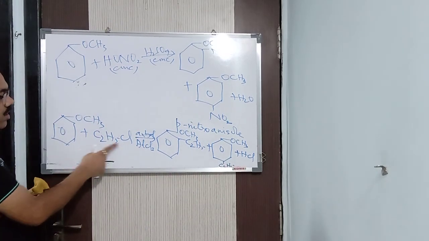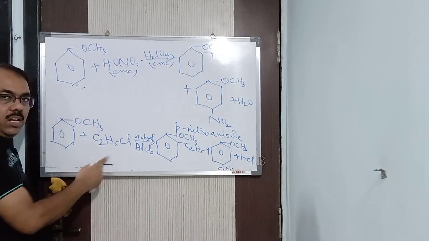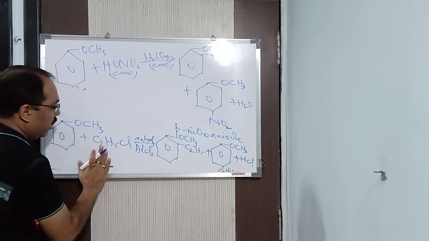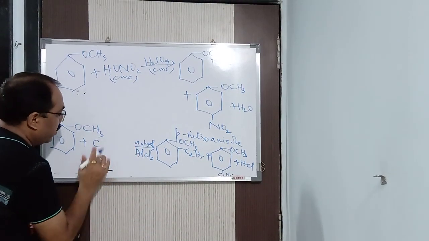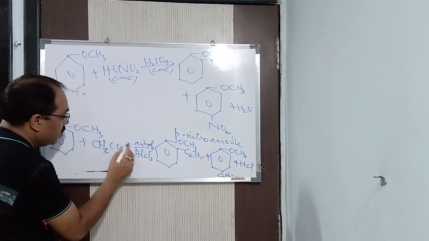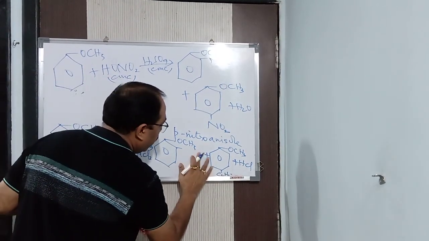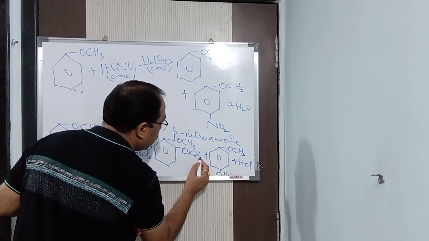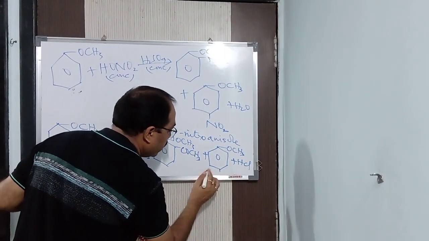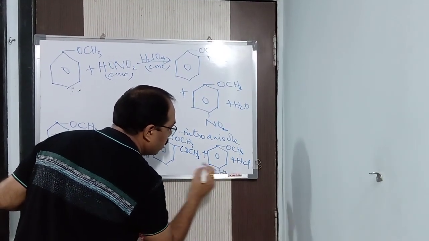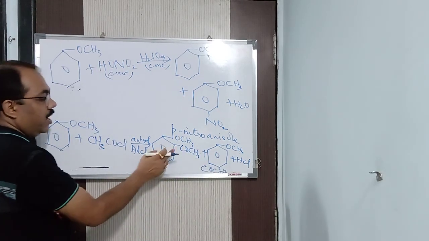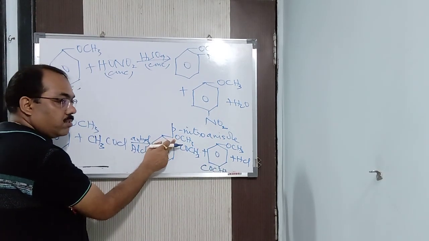Similarly, instead of C2H5Cl, if you take CH3COCl, just here only I am changing it, mind it, CH3COCl. So what I am going to get is COCH3 at the ortho position and COCH3 at the para position, plus HCl. Here again the methoxy becomes your prefix.